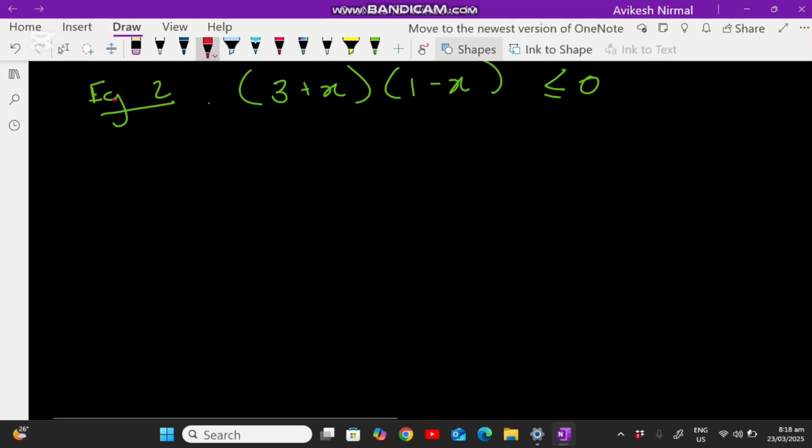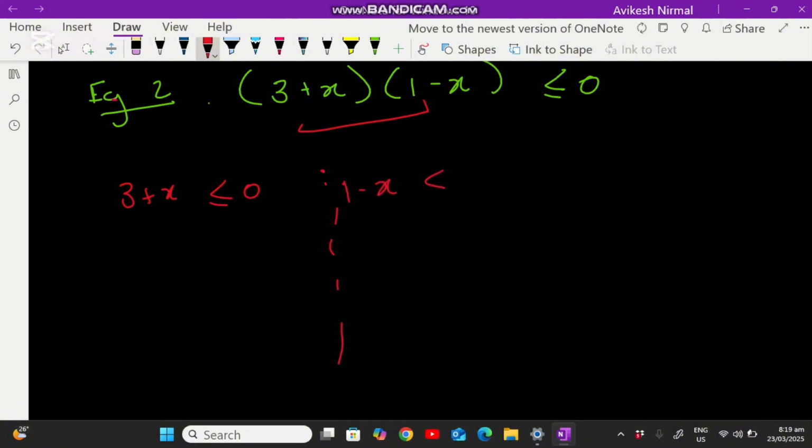So let's solve this. Here we don't have to factorize because this is already factorized. So solving for the brackets, 3 plus x is less than equal to 0, and then 1 minus x is less than equal to 0.